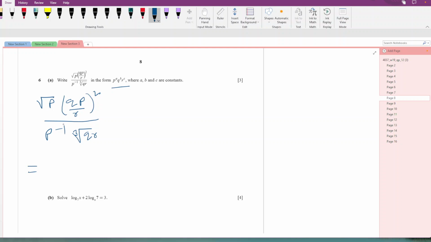This gives p to the power half into q square p square r square by p to the power minus 1, q to the power 1/3 r to the power 1/3.